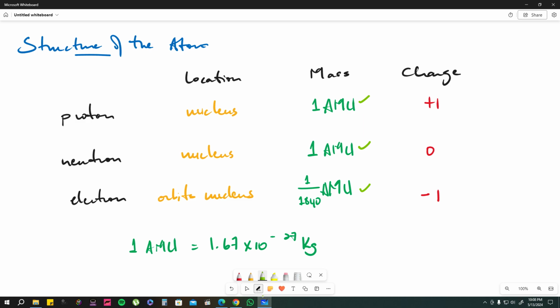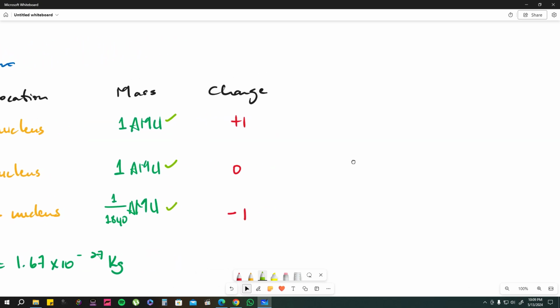Now, the next thing we have to look at, isotopes. By definition, isotopes are different forms of the same element.